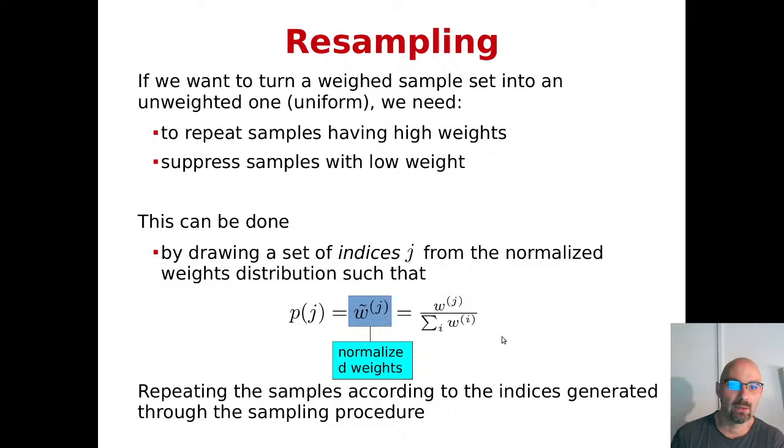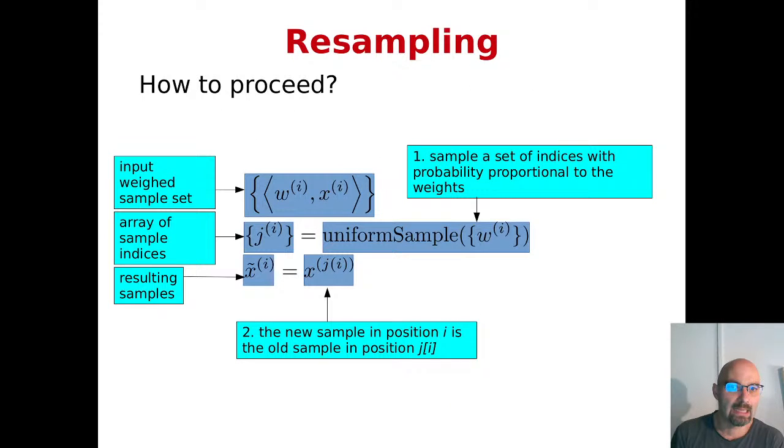Then, trivially, we can generate an index from the index distribution, and this index will be generated with a probability proportional to its weight. And then, once we have this set of indices, for each of these indices we pick the sample corresponding to that index.